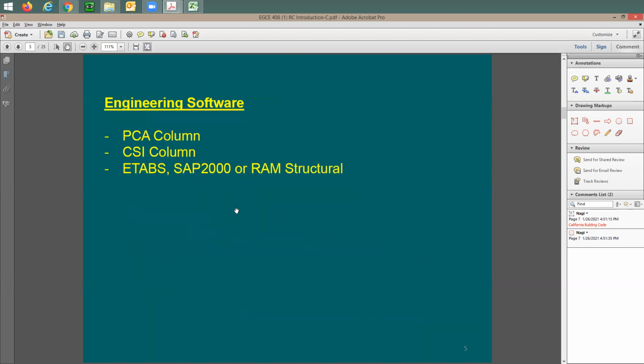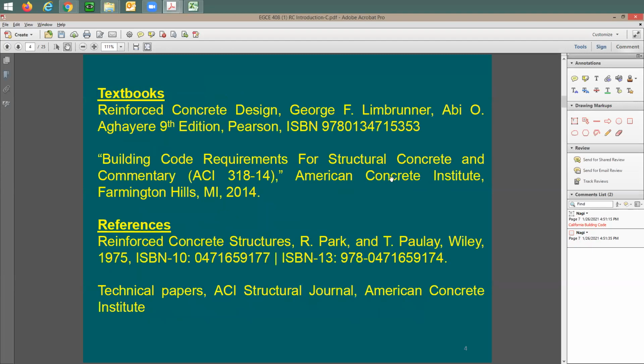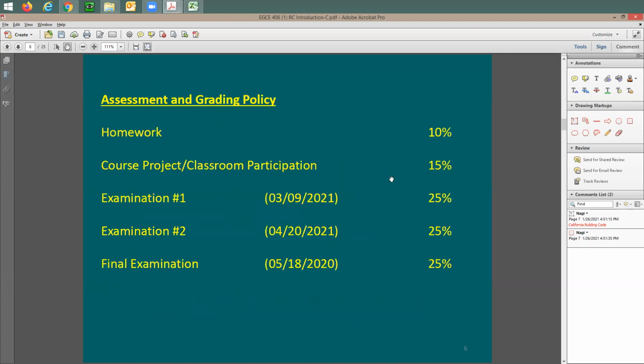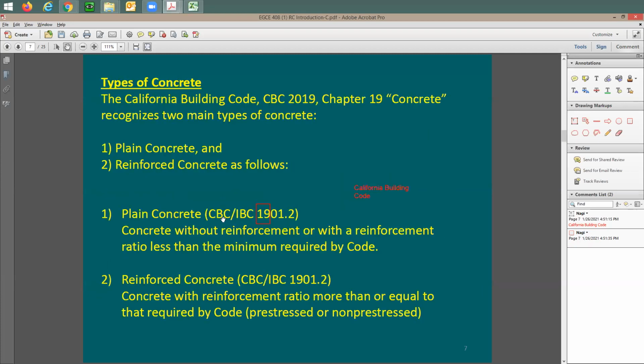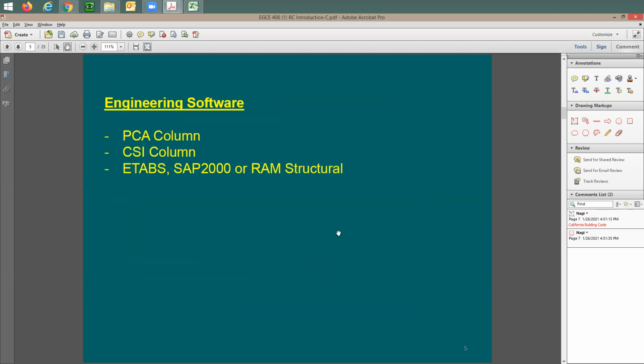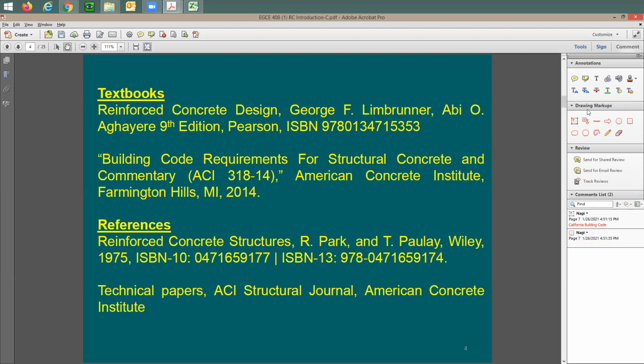But the ACI is concerned only about reinforced concrete design. So the CBC or IBC includes chapter 19, and this chapter 19 is the ACI. So what is this ACI? ACI is actually chapter 19 of the IBC/CBC.